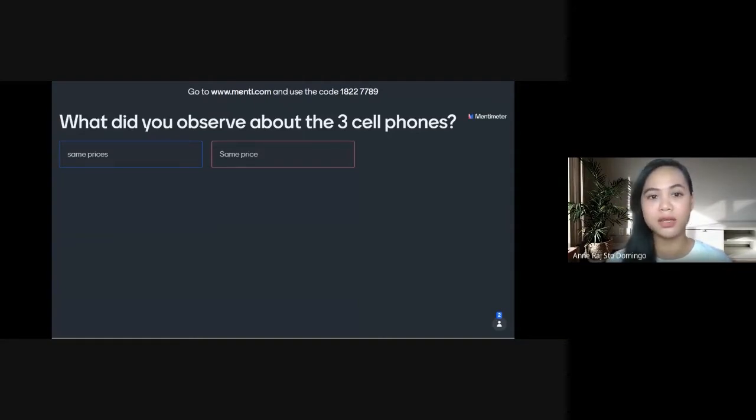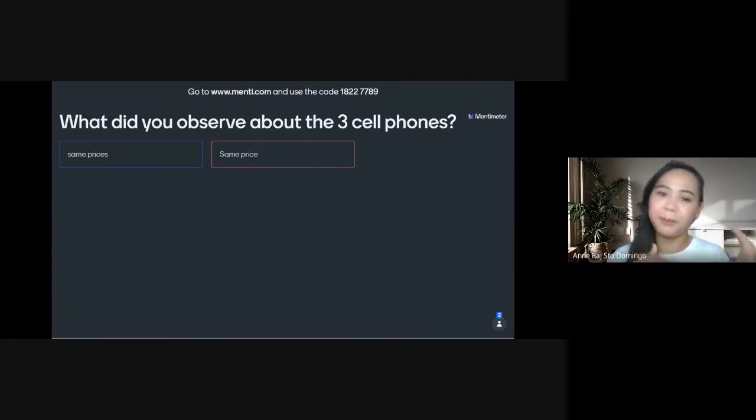Ay, okay. So, there is may problem, no? Sa part ni Eliza. Okay lang, Eliza. But I will, ayan, same prices. May mga nagsagot pala dito sa Mentimeter natin. Same prices. Then, sabi ni Cherry Lou, yung quality po talaga ng phone. So, they are of good quality. So, for the price, they are of good quality.